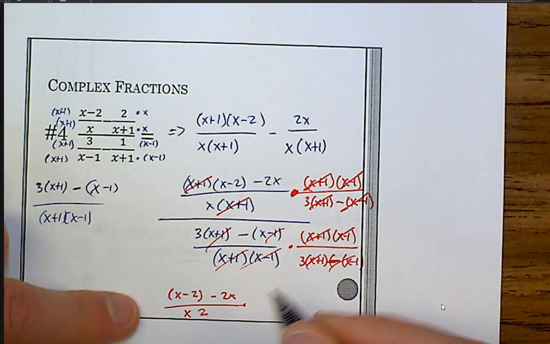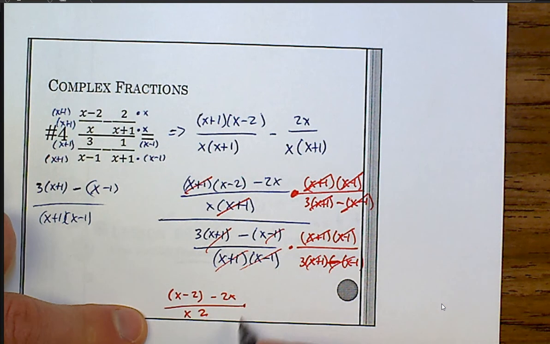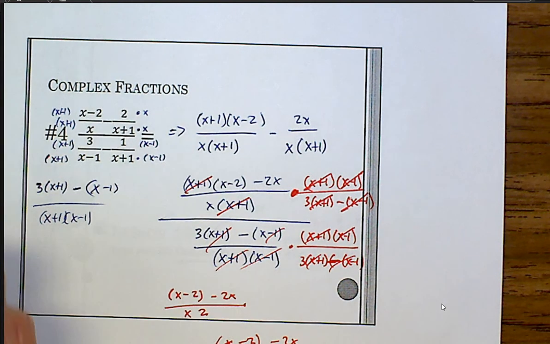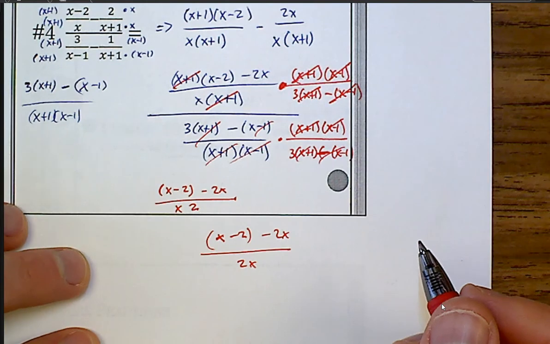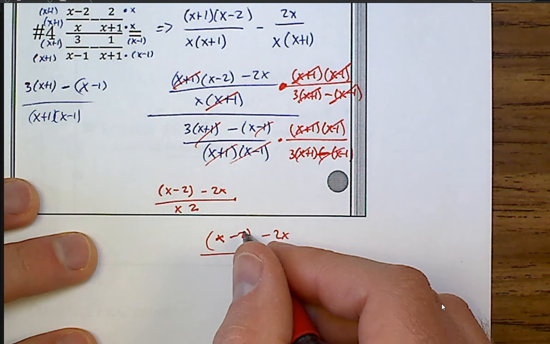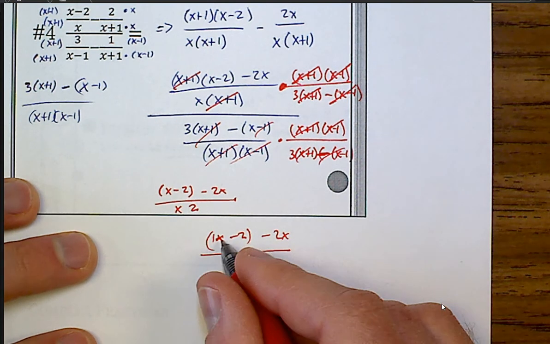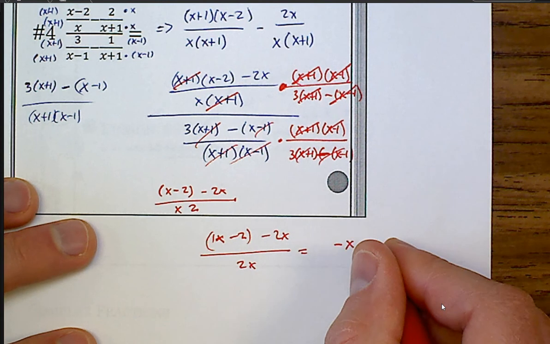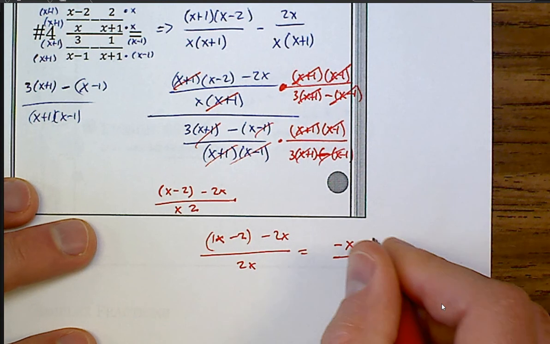So really what I have is x minus 2 minus 2x all over 2x. Now I can still simplify that. I'm running off the paper here. This is an x, it's really a 1x, so 1x minus 2x should just be a negative x minus 2 over 2x. Answer.